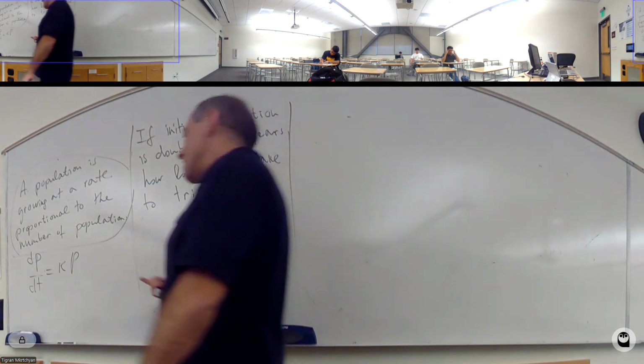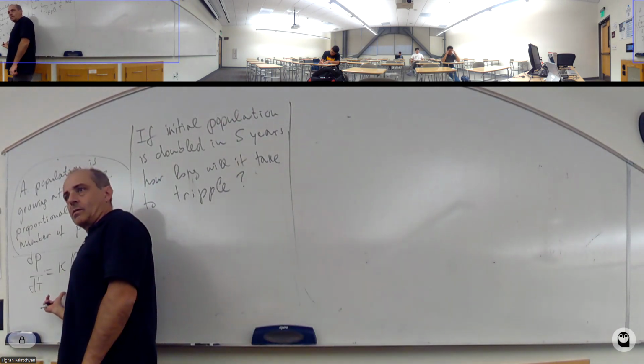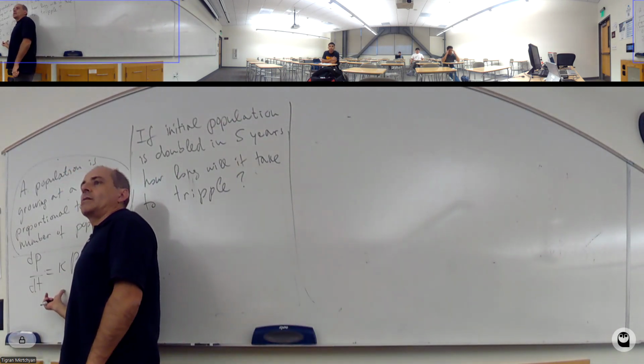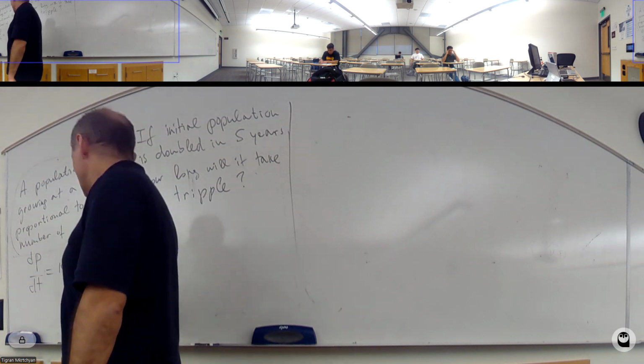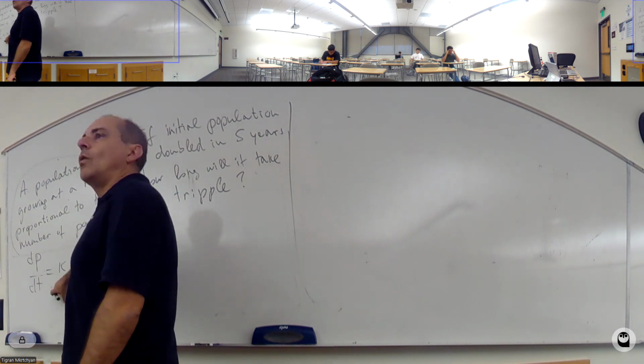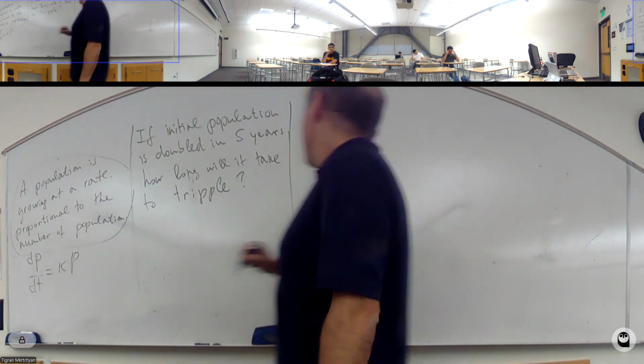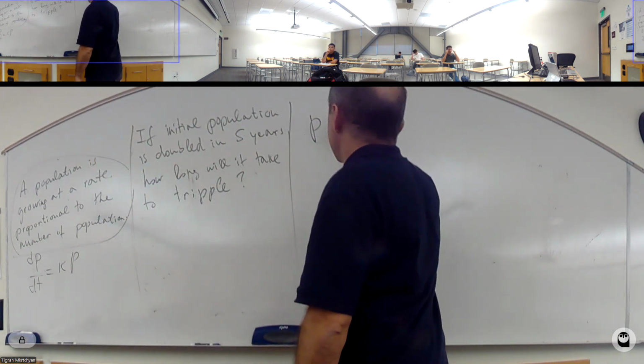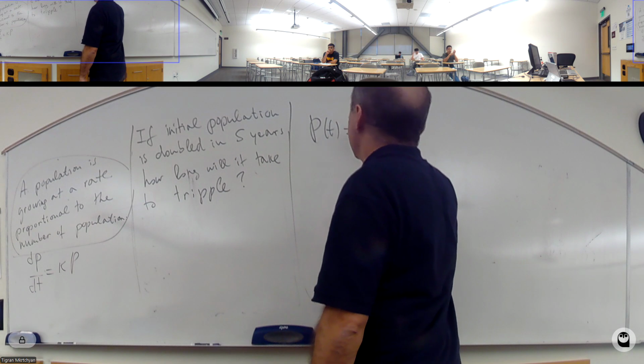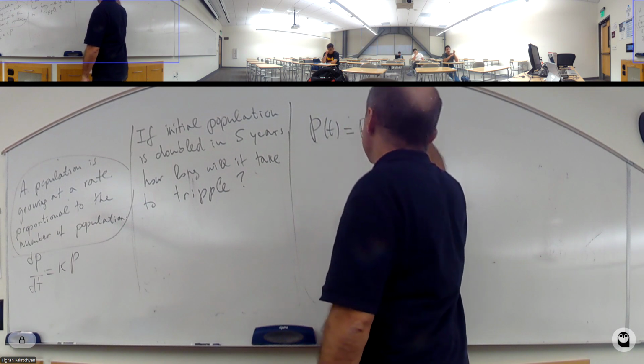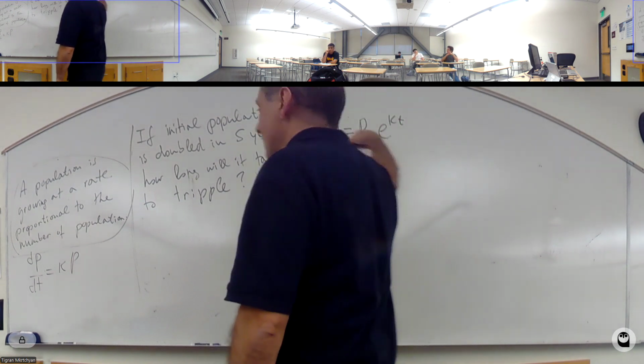Now we could start from here and solve this, but we already solved that. So when we solved that, what did we get? Population number equals initial population times e to the kt. So this is how we got that.